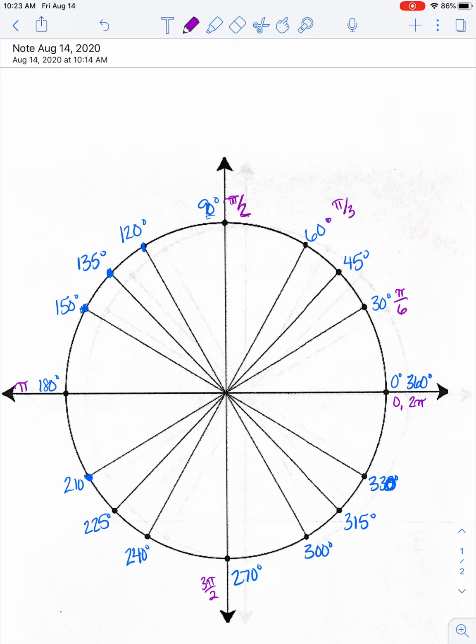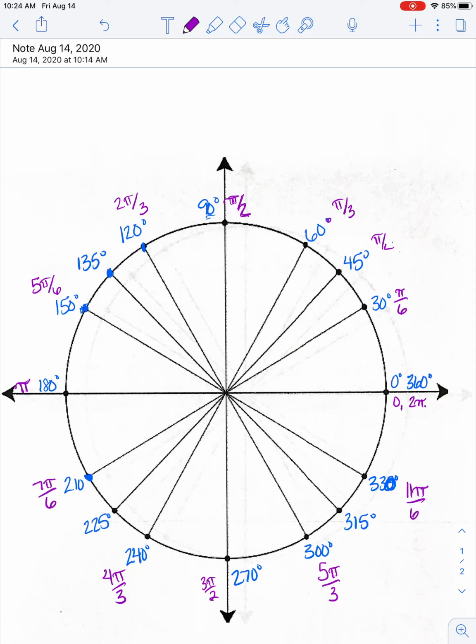And then this is 3/6, 4/6, which reduces, 5/6, 6/6, 7/6, 8/6, which reduces, 9/6, 10/6, 11/6, and 12/6.